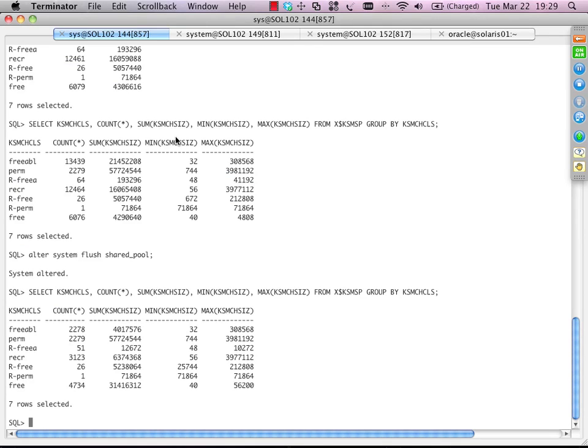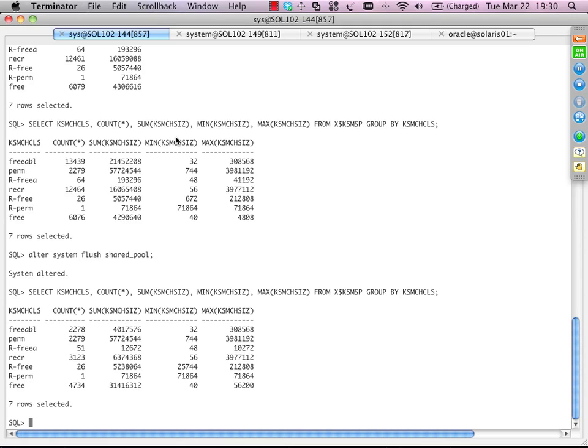By the way, when we talk about fragmentation, you have probably heard about fragmentation in shared pool, but never heard about fragmentation in buffer cache. And there is no such thing. The simple reason is that in buffer cache, you only allocate buffers of the same size.